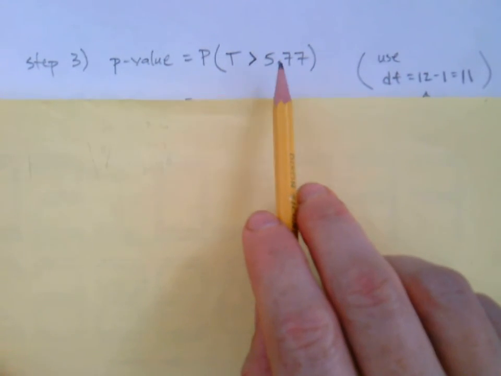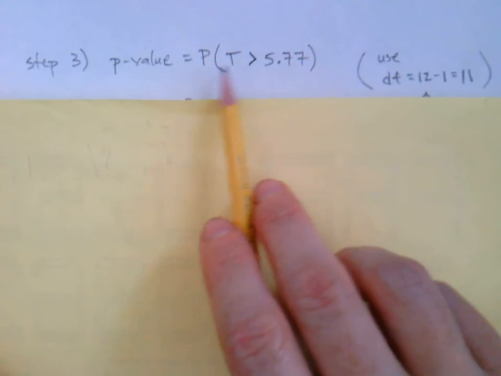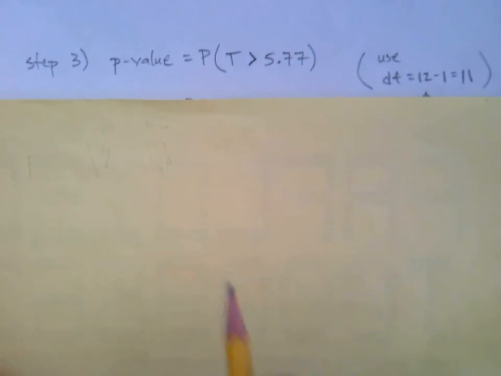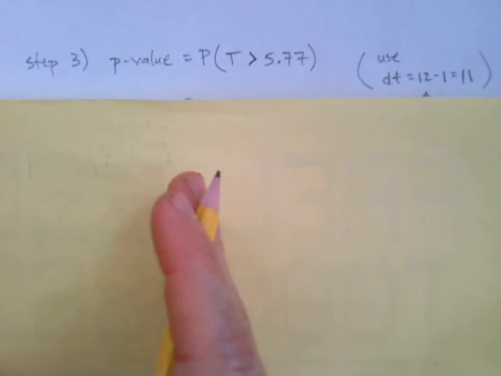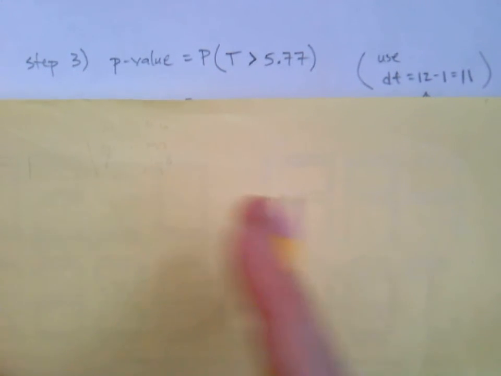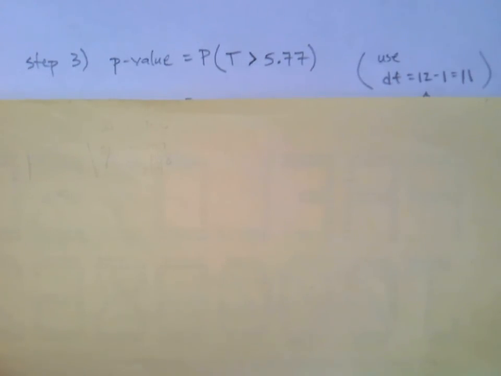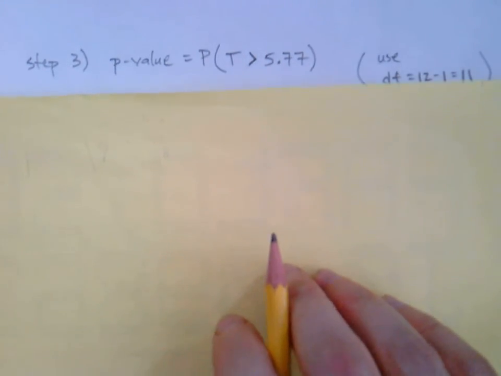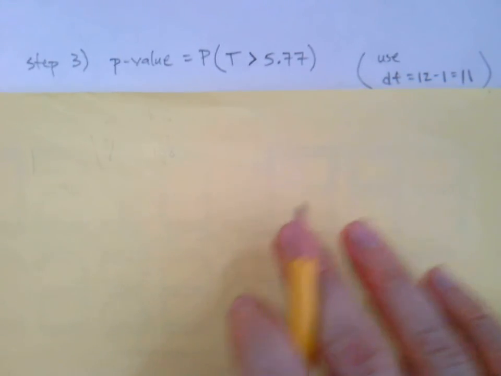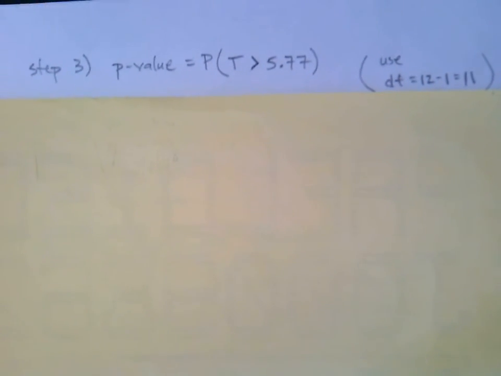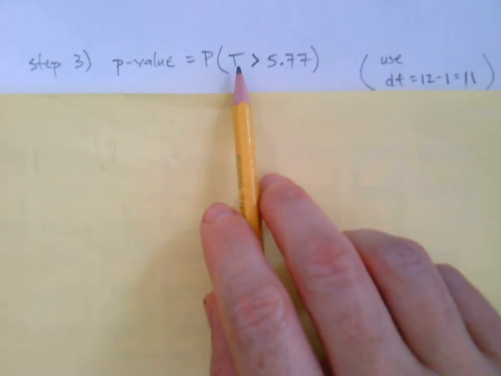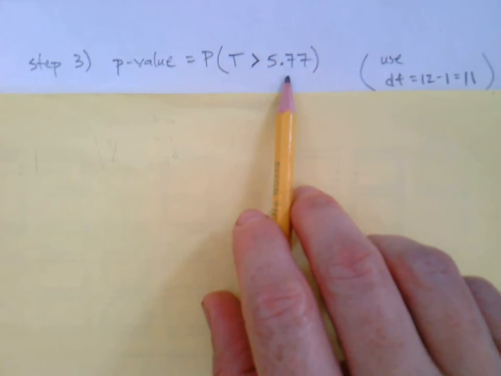If your test statistic is negative, you pick a less than. And that just goes back to the normal distribution, that things on the left side are negative, things on the right side are positive, and we always want to be beyond. Okay, anyway. Some of you might have picked up on that already. So we want to look at probability that t is greater than 5.77.